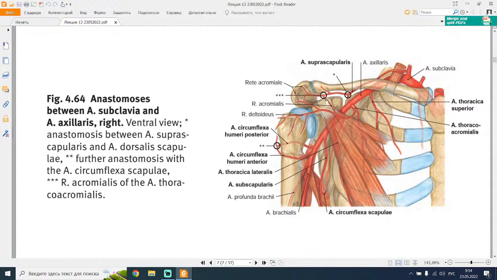This forms anastomosis between arteria subclavia and arteria axillaris.